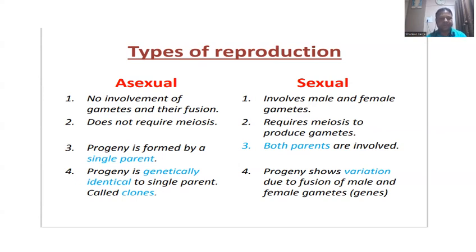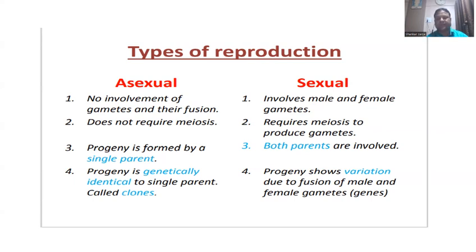Second point is, asexual reproduction does not require meiosis, means there is no process of meiosis, formation of gametes. But sexual reproduction requires meiosis for production of the gametes. What is meiosis?